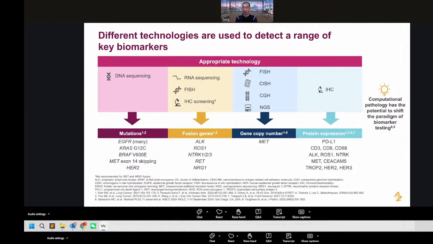Also some of the newer ones like TROP2, HER2, HER3, right? Those, especially TROP2 and HER3, are still using IHC. But IHC is the old technology, right? Thinking about it, IHC is pathology staining slides and looking under a microscope to see, okay, this is the percentage of positivity, right?